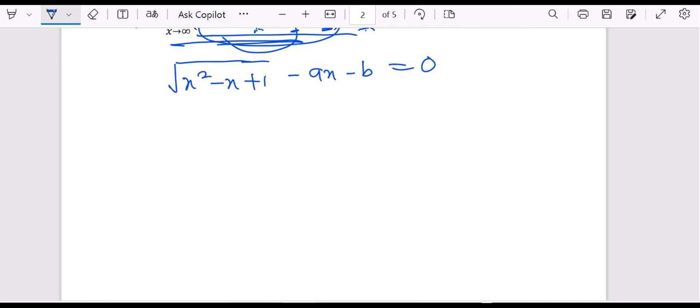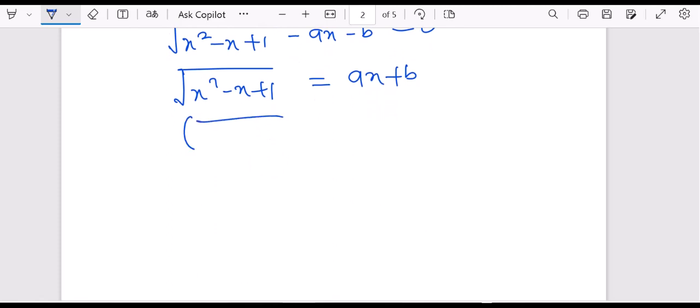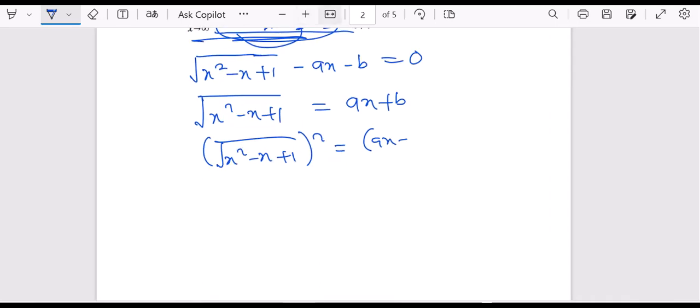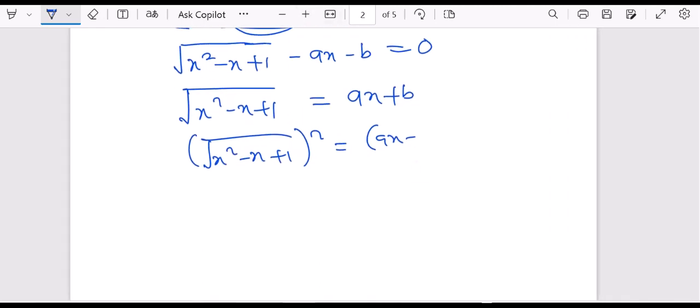So here I'll just do this: x squared minus x plus 1 equals ax plus b, sending both this to the other side. So I'll just square both sides. So x squared minus x plus 1, squared, equals ax plus b, squared.